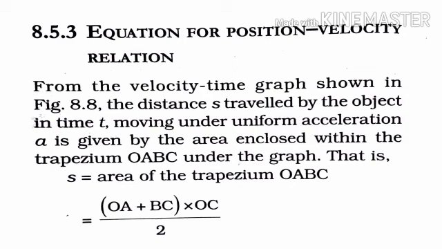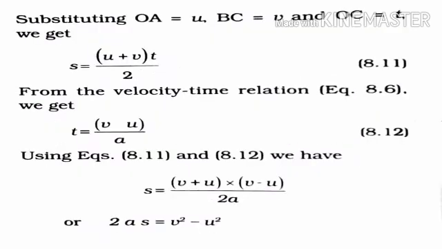Now we will use the area of the graph to get the third equation, the position-velocity relation. Here s = area of trapezium OABC = (OA + BC) into OC upon 2. Substituting OA = u, BC = v and OC = t, we get s = (u + v) upon 2 into t. From the velocity-time relation we get t = (v minus u) upon a.